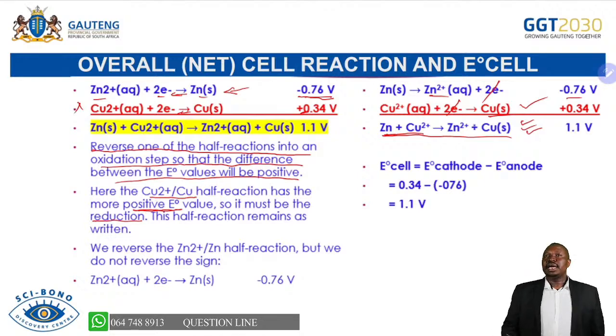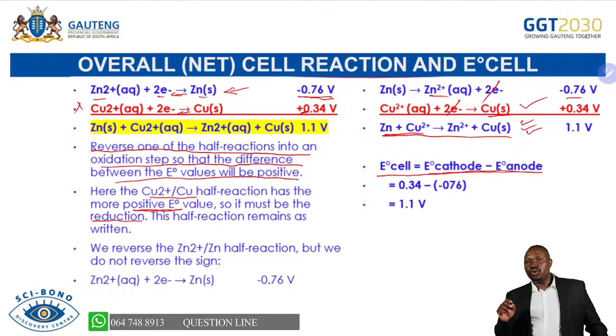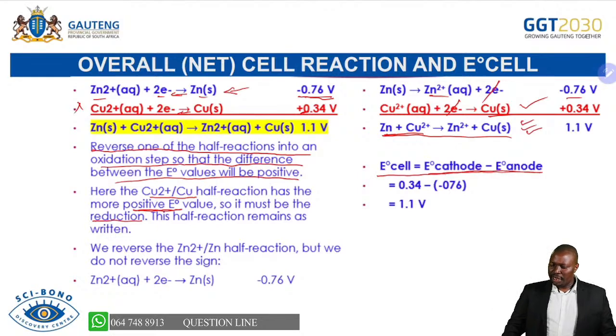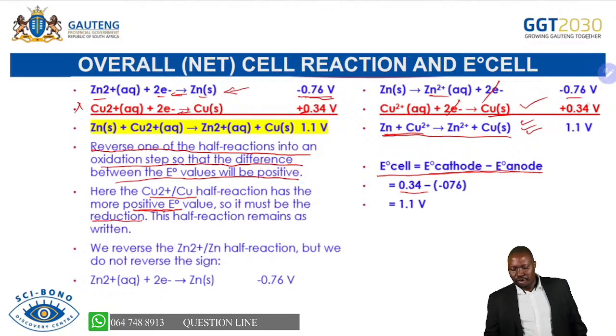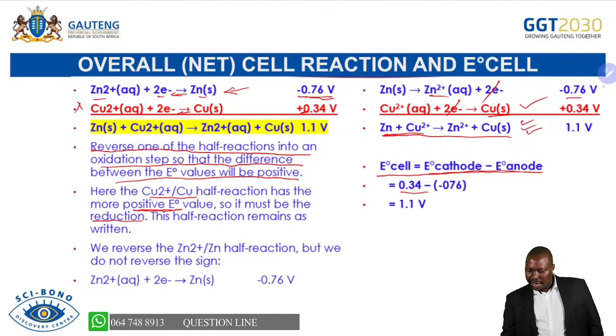Now, calculate the EMF of the cell. I've shown you the formula to calculate the EMF of the cell, which is E cathode minus E anode, the one that I was using to show you when we started with the lesson. So cathode is that bigger one. So you have your cathode minus anode, we said A, then C. So it's always cathode minus anode.